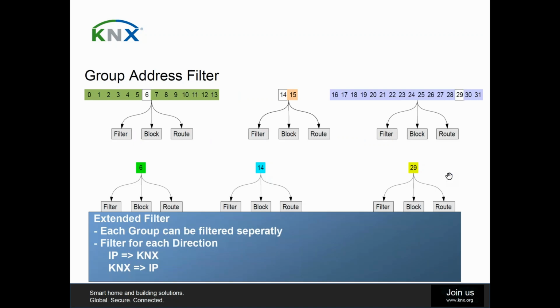But of course, it could be a scenario where you want it to be different. And therefore, you have the choice that you can change any group. For example, group 6 is normally filtered, perhaps blocked. Then you can route it. So you have high flexibility of filtering group addresses. And that means for each direction. So altogether, we have these 62 group address filters.